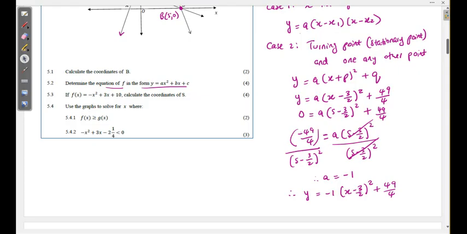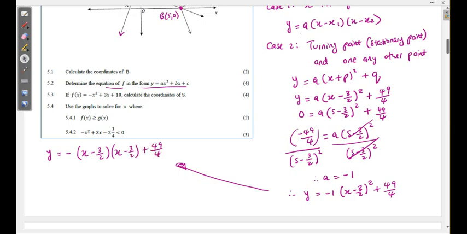It makes us do a little bit more work, but it's fine, we can do it. So we're going to expand this and say y is equal to negative, x minus 3 over 2 all squared, plus 49 over 4.